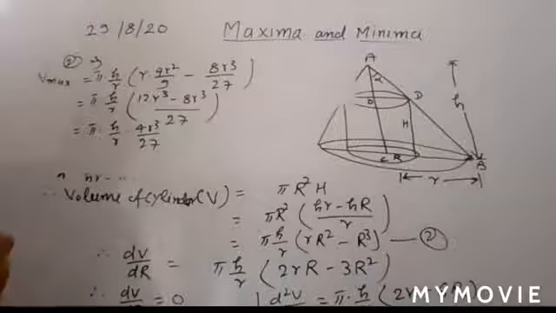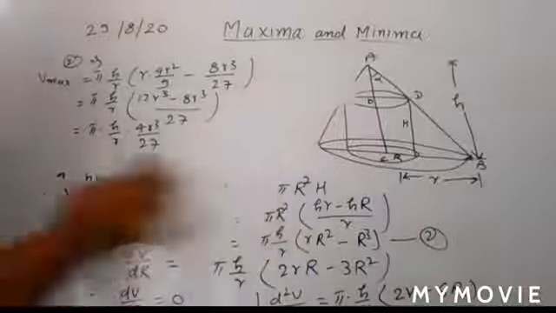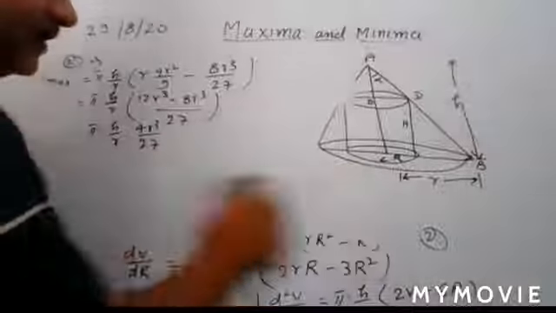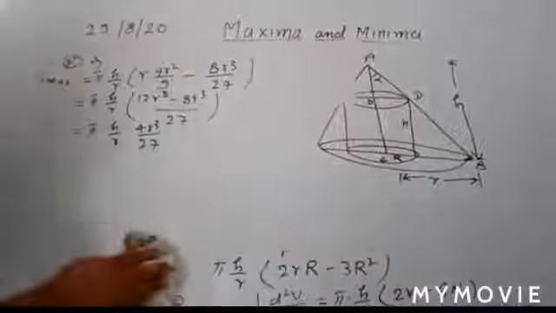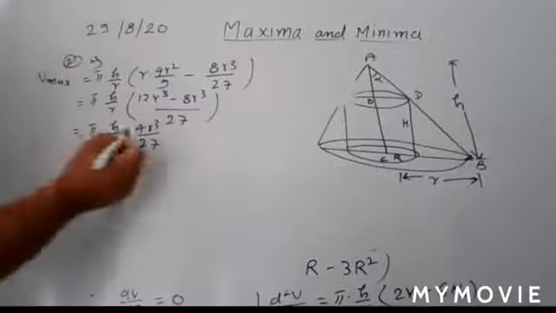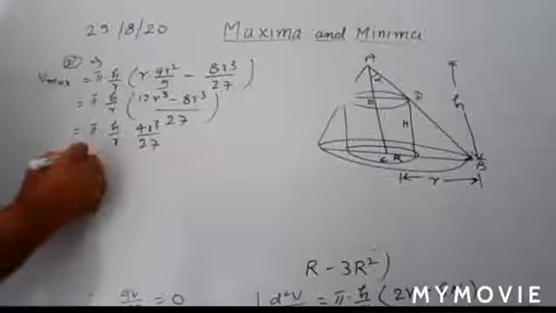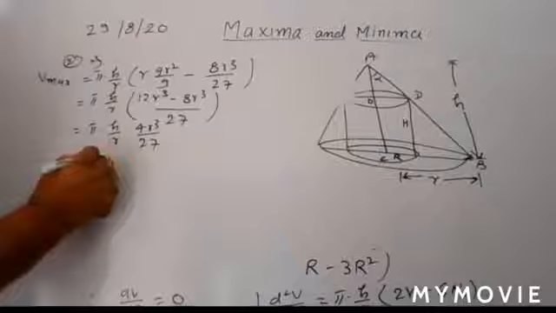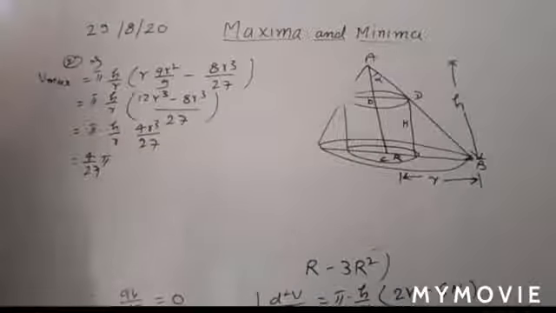But what is your required result? You have to prove that the volume of the cylinder is 4 upon 27 pi h cube tan square alpha.